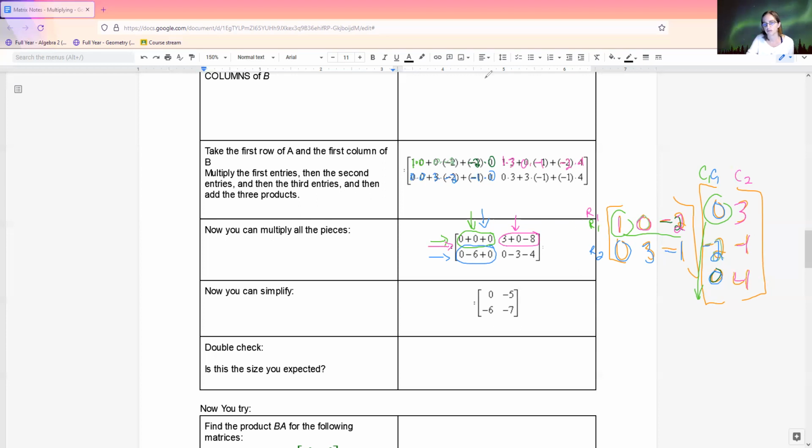Now we'll do purple for the last one. We're doing row 2, column 2. Row 2, column 2 will give me this space. So we've got 0 times 3, 3 times negative 1, negative 1 times 4.